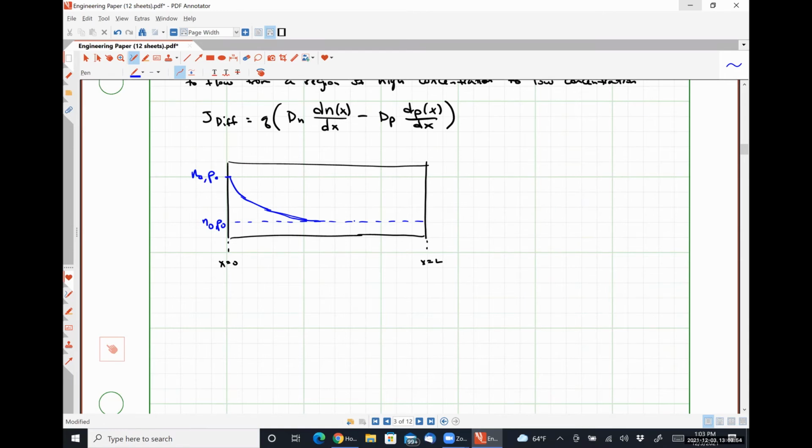But as we get further and further into the crystal, the light can't penetrate that far, so we should see that the carrier concentration gradually decays, right? And it's as a function of the optical properties of the crystal, all right? So in what direction are the electrons going to diffuse?